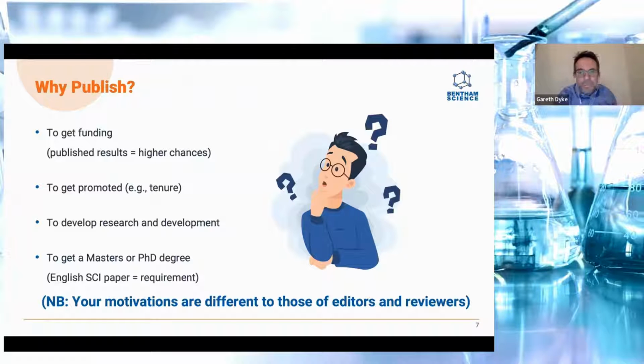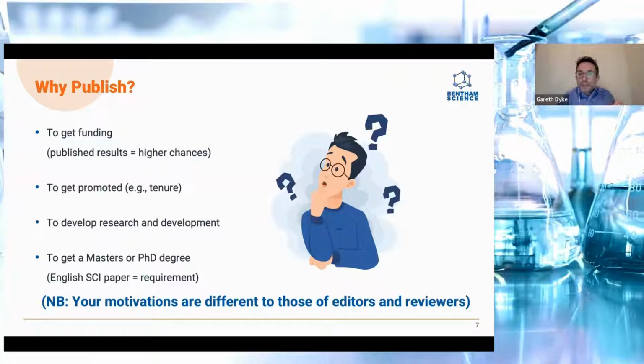And also, very interesting to have a bit of a think about why you want to get your article published in the first place. Now, lots of academics at different career stages have different motivations, different reasons for wanting to get their papers published. They want to get papers published to get funding.